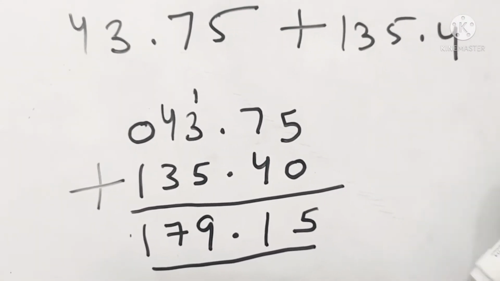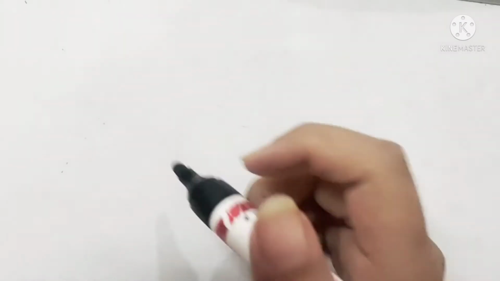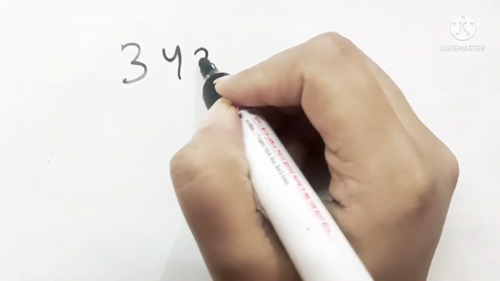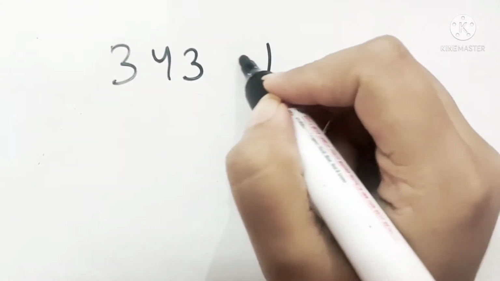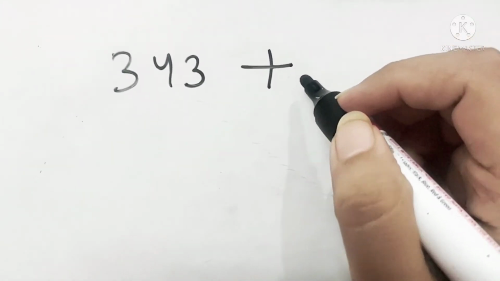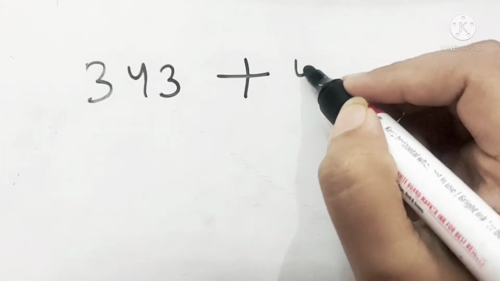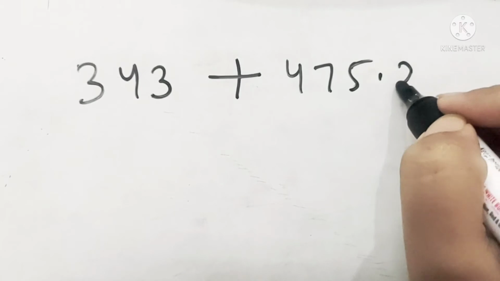Now I am starting with the second example. Again I will take any random example. Suppose I take a bigger number this time, 343 plus, okay, this time I am taking one normal number and one decimal number. 343 plus 475.2.